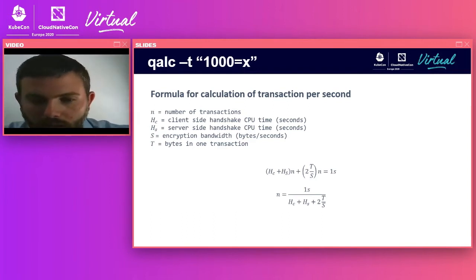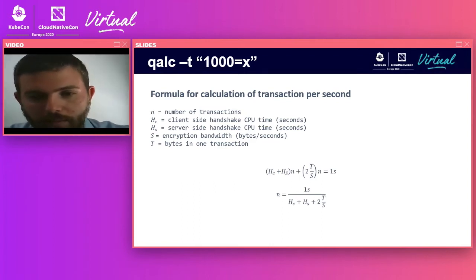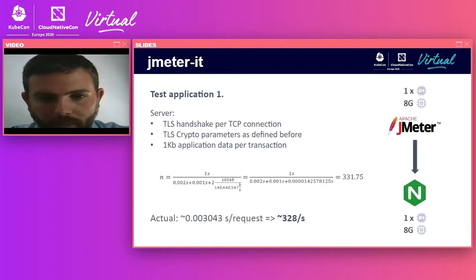From this I could explain how many transactions I can do within a single second by inverting this formula.